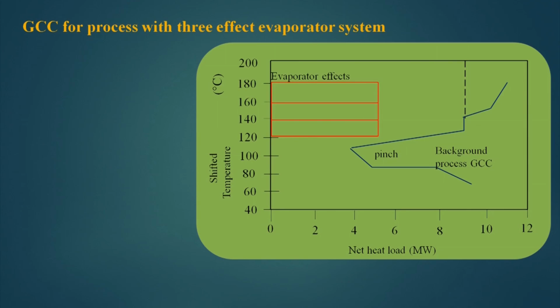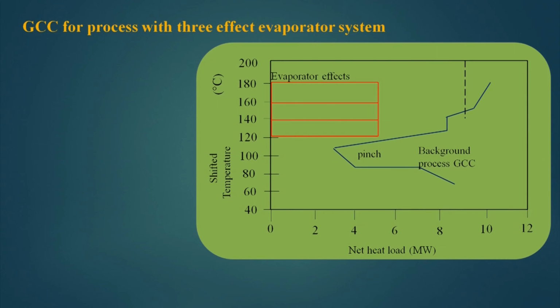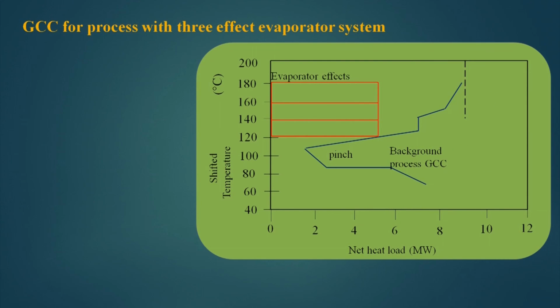Now, what have I done? I have converted this 4 effect evaporator system into a 3 effect evaporator system, but I have increased the load of each evaporator. So, this can be shifted inward. The load from 3.75 megawatt I have increased to 5 megawatt. So, 3.75 into 4 and 5 into 3 are the same.